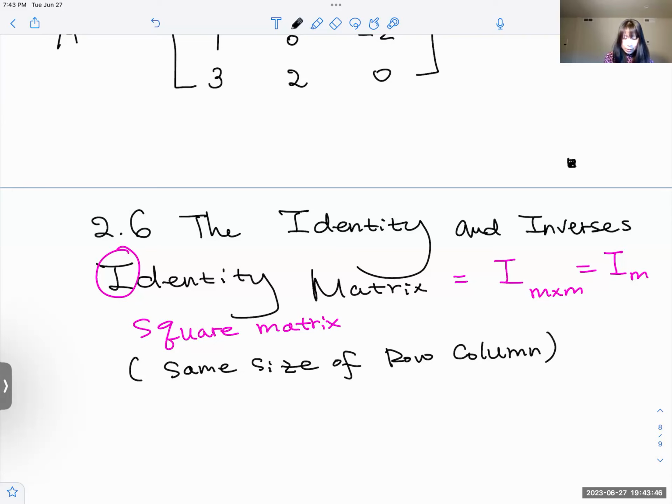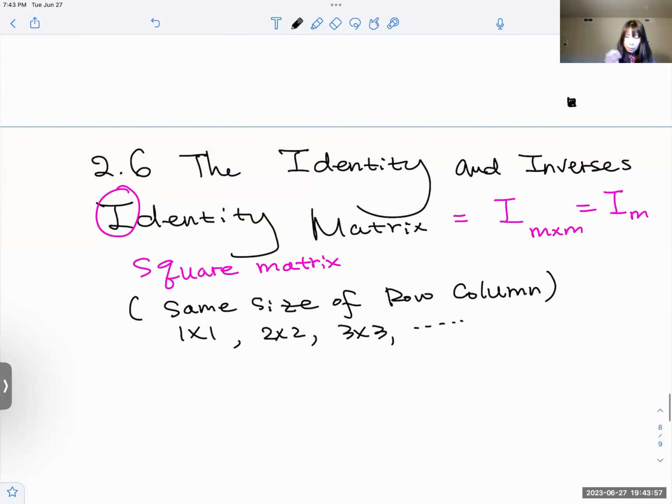So for instance, 1 by 1, 2 by 2, 3 by 3, and so on, right? Now 1 by 1, how does it look? 1. 2 by 2 looks like 1, 0, 0, 1.